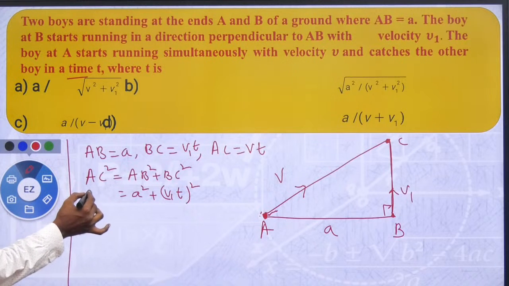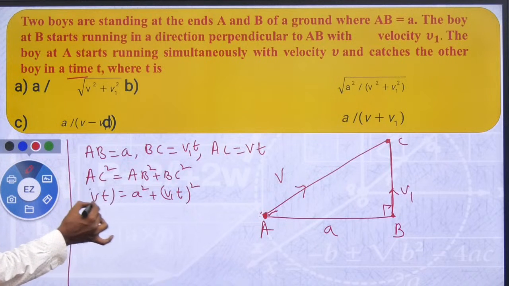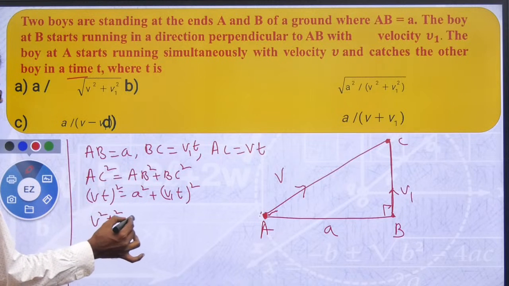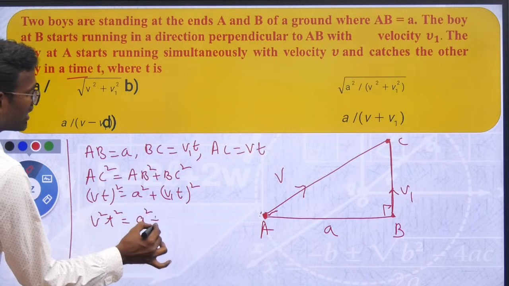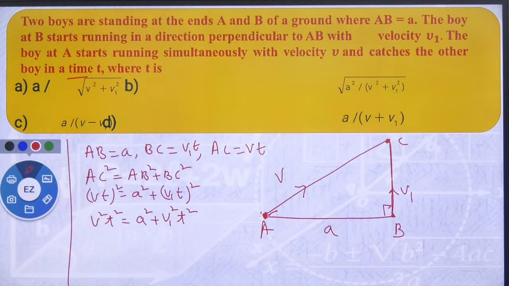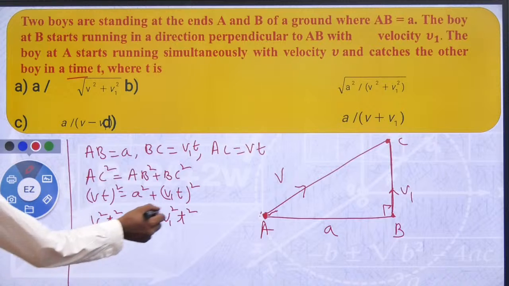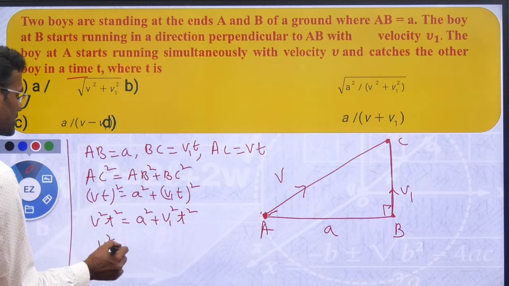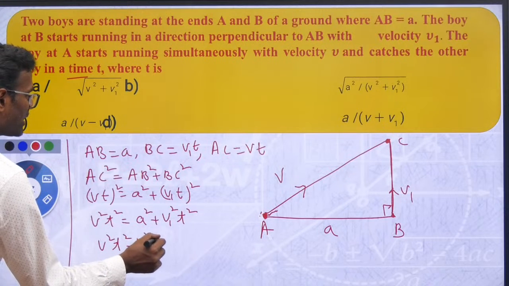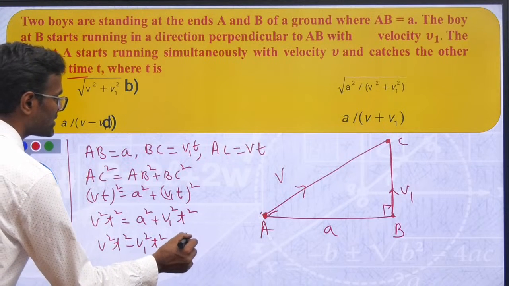Substitute the AC value also, vt whole square. So v square t square is equal to a square plus v1 square t square. Now taking the t terms to one side, v square t square minus v1 square t square is equal to a square.